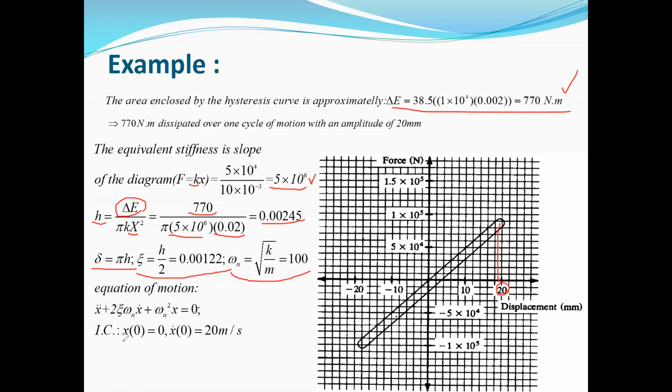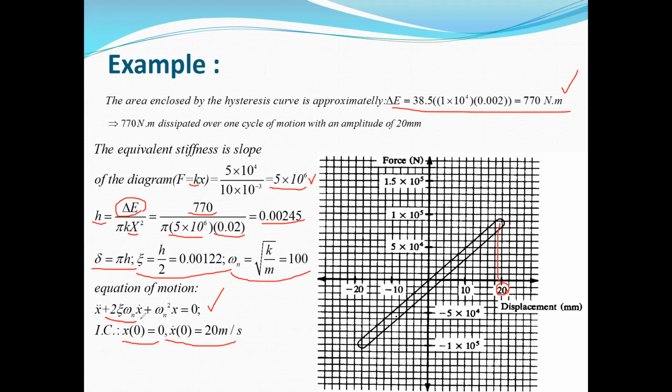The initial condition according to the problem description: the displacement at t equal to 0 is 0, but the velocity at t equal to 0 is 20 meters per second. So the next step, we need to solve this equation. In fact, this is the equivalent equation of motion for a system with hysteresis damping, in equivalent form, where we consider the hysteresis damping as a viscous damping.